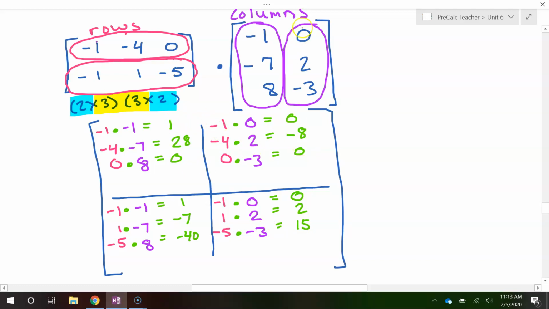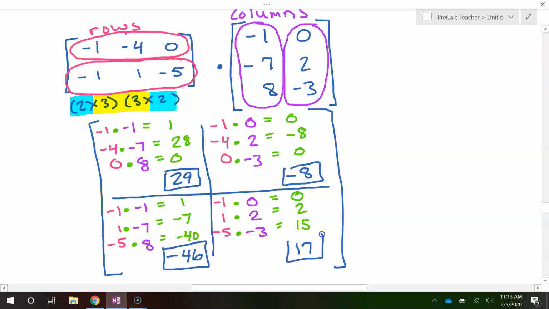And finally, you add up the green numbers. All right, so the final answer we just need to write separately as 29, -8, -46, and 17.